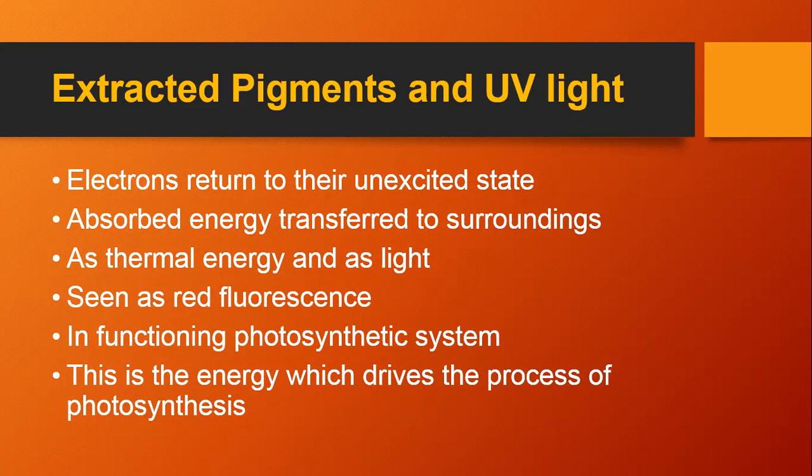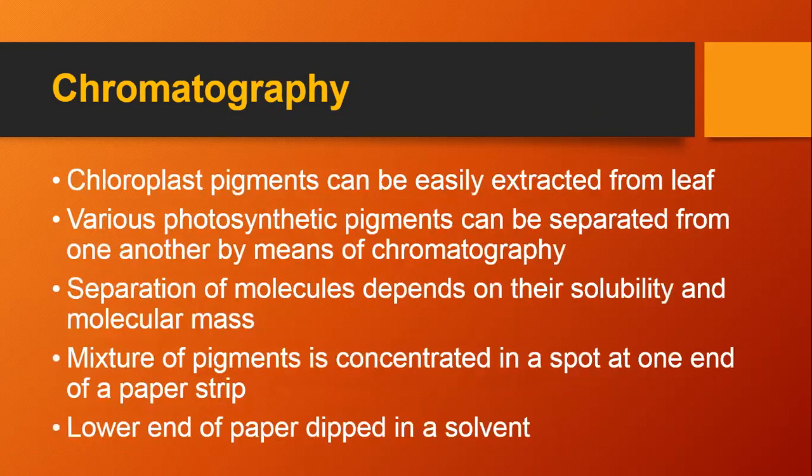So what happens, electrons return to their unexcited state, and that absorbed energy is lost to the surroundings as thermal energy and as light. That's why a red fluorescence is seen when extracted pigments like chlorophyll A or chlorophyll B are exposed to UV light. So I hope this point is clear.